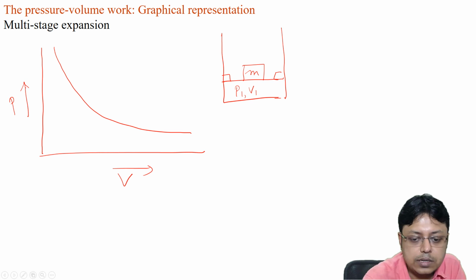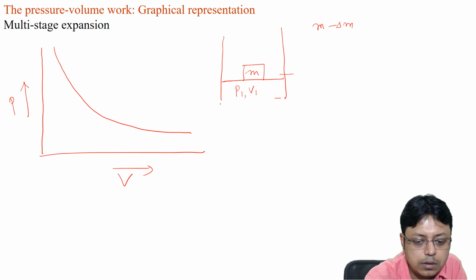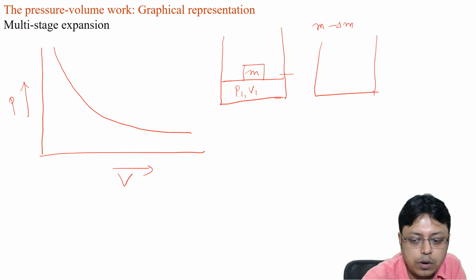Then what we are saying is that we'll reduce the mass by a small amount. Say first we reduce the mass by a very small amount, delta M. Let us assume that there is no pin here. So if I reduce the mass by delta M, what will happen?